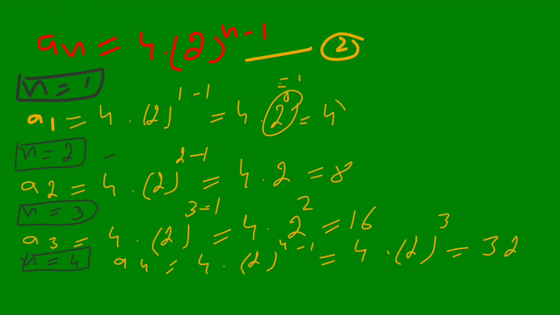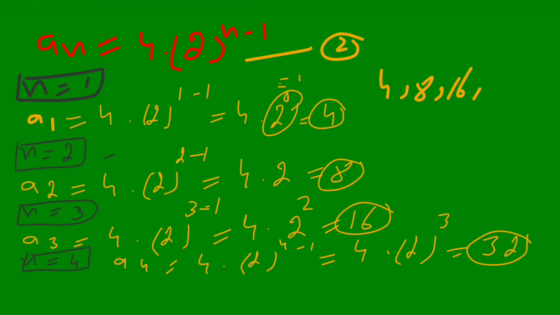Okay, now the first 4 terms are 4, 8, 16 and 32. It is the answer.